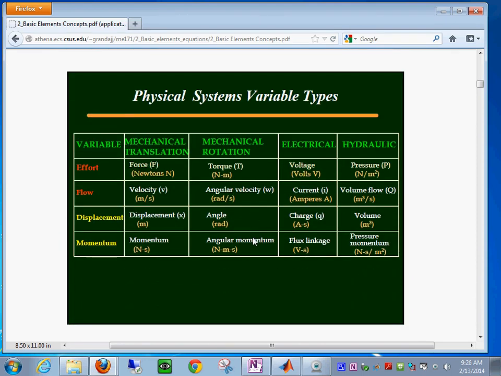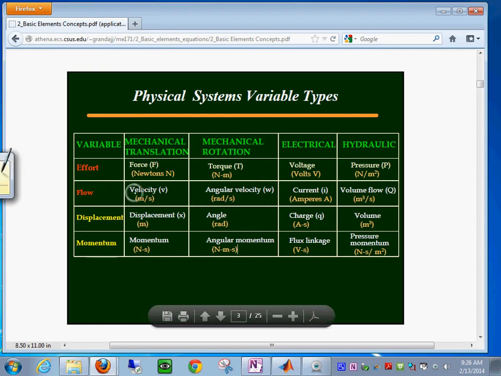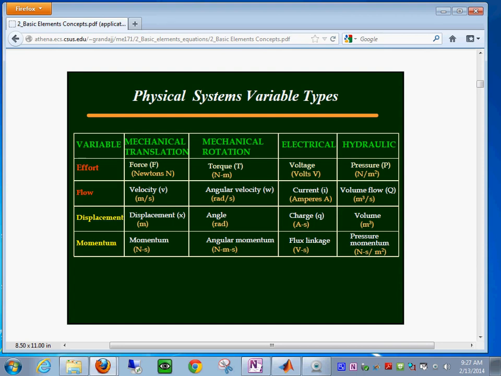Now, what do I mean with these four variables? Take a look in here. In a mechanical system, anything to do with forces, measured in newtons, torque, voltage, pressure, all these are one family of variables, the same type of variables. The other ones, velocity, angular velocity, current, and volume flow rate, are also a family of variables that in different energy domains we're going to call flow variables.